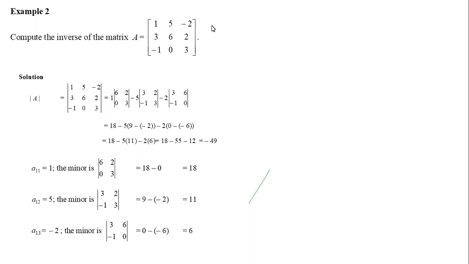What about the minor of 2? The minor of 2 is going to give me 5. Now, I want to get the minor of -1.